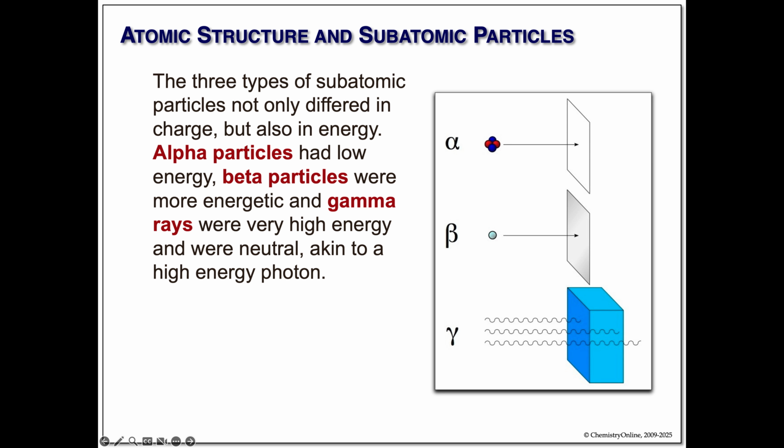These 3 particles have different inherent energies. An alpha particle, you can basically stop with a sheet of paper. Very slow, heavy. Beta can make it through about a centimeter of lead, 10 centimeters of lead for most gamma particles. So very, very different energies.